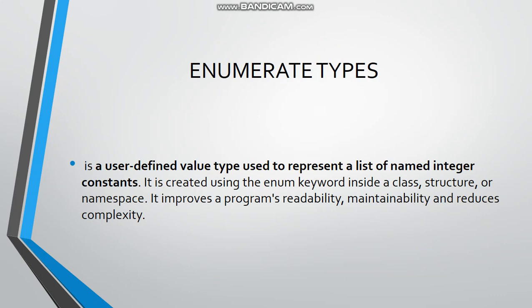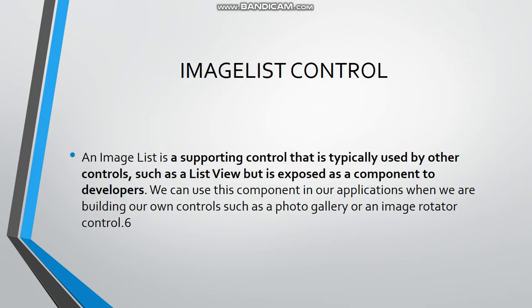Enumerate types: an enum is a user-defined type used to represent a list of named integer constants. It is created using the enum keyword inside a class, structure, or namespace. It improves the program's readability, maintainability, and reduces complexity.